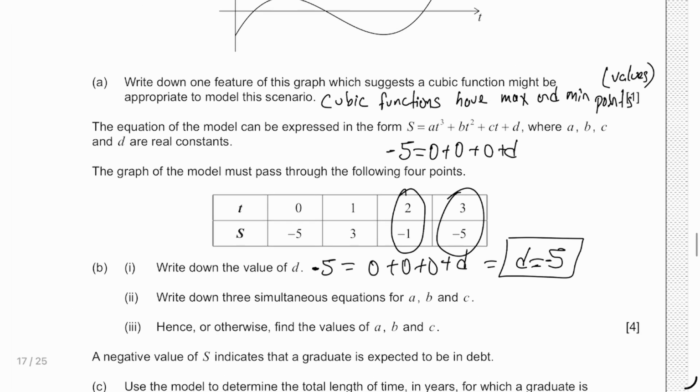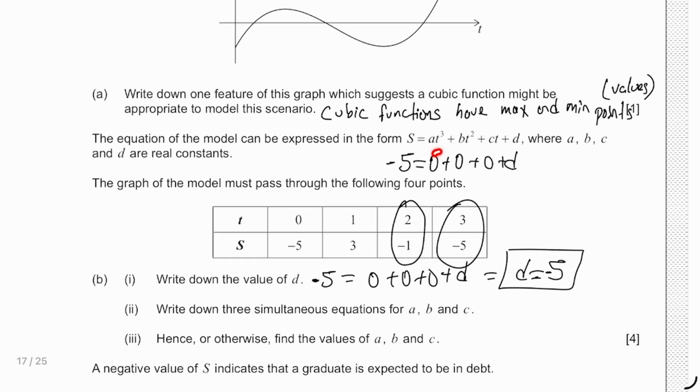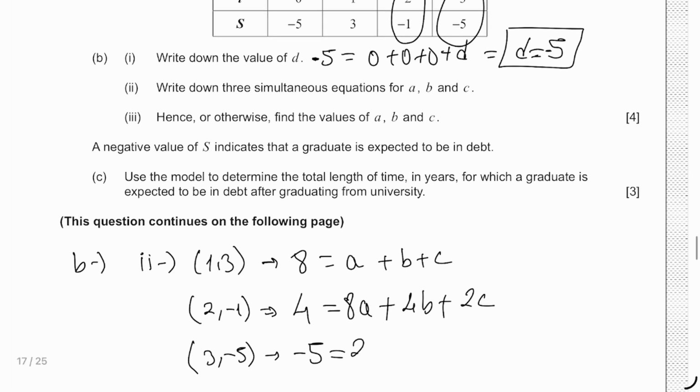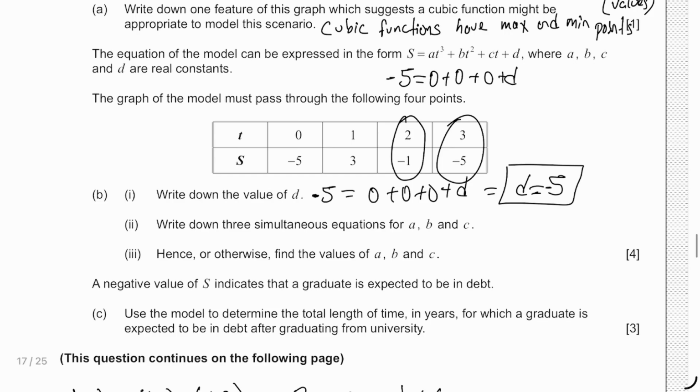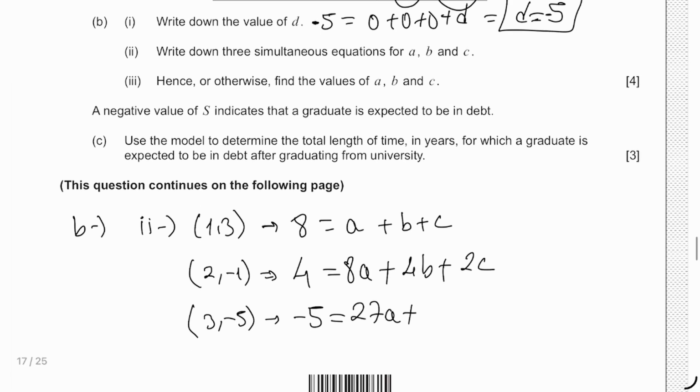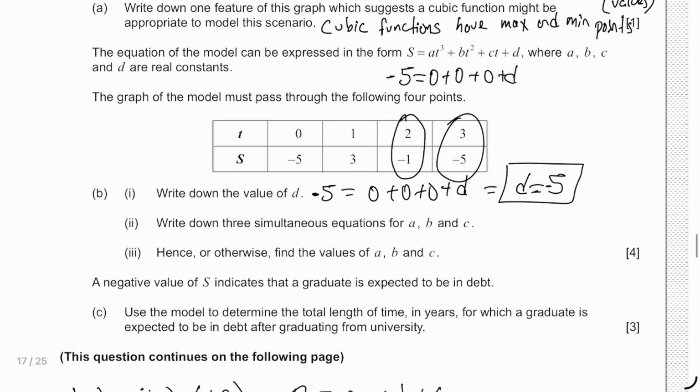If I put 3 to the a, t, 3 cubed, which is 27A, plus 3 squared B, 9B, three C, 3 here.